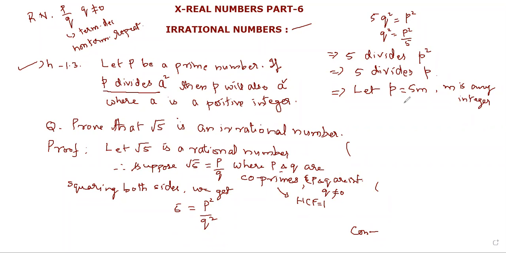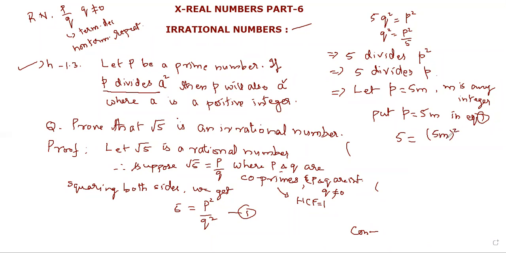So when p is equal to 5m, now we can substitute it. Put p equal to 5m in equation number 1. So in equation number 1, 5 is equal to p square upon q square, where p is replaced by 5m.